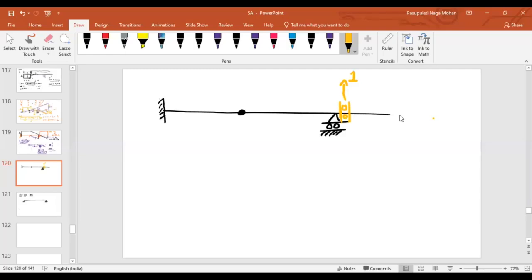As you can see at this end, there is nothing to restrain. As it is a free end, it can deform vertically, horizontally, or rotation can also happen. Just imagine you have cut at one point, and if you try to push it there, how the free end is going to look.